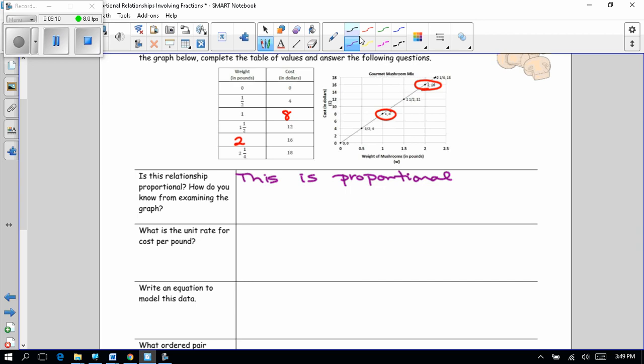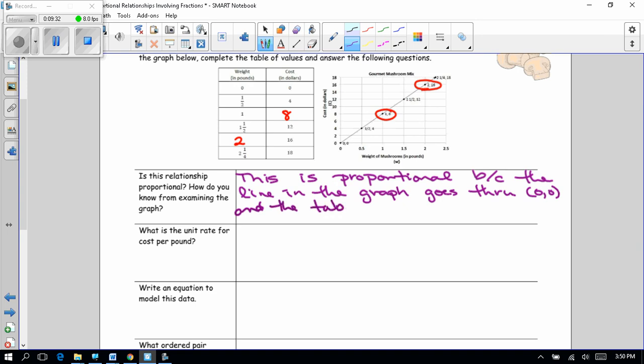This is proportional because the line in the graph goes through 0, 0, the origin. Also, the table. What do you notice about the table? Yeah, the values have a constant of proportionality. The table values have a constant of proportionality.